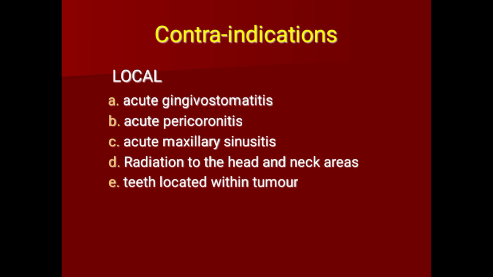In that, the blood supply becomes damaged. There is no blood to the bone, and when there is no blood, the healing becomes slow. And in these conditions, patients also cannot maintain oral hygiene because due to radiation there is fibrosis, so it causes limited mouth opening. So plaque control is very hard.